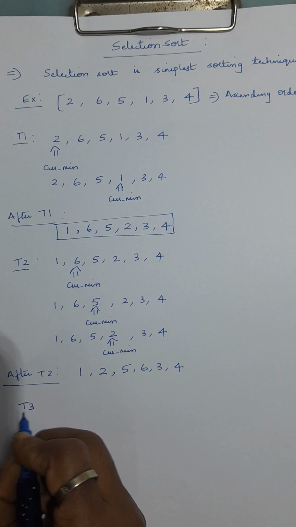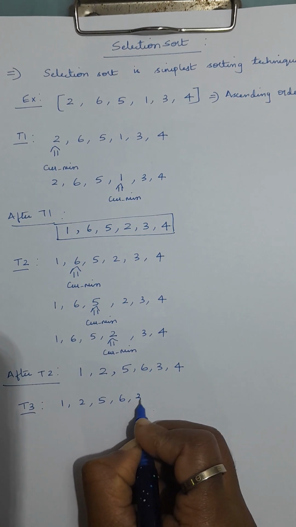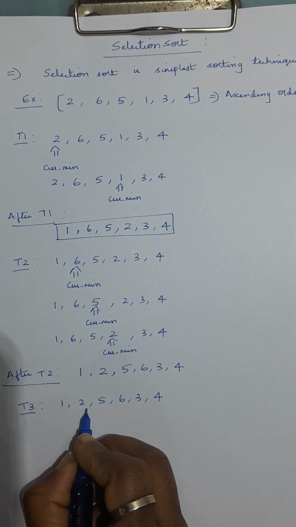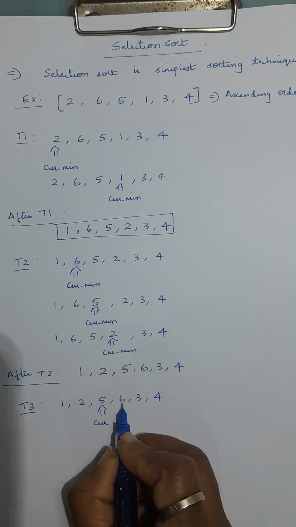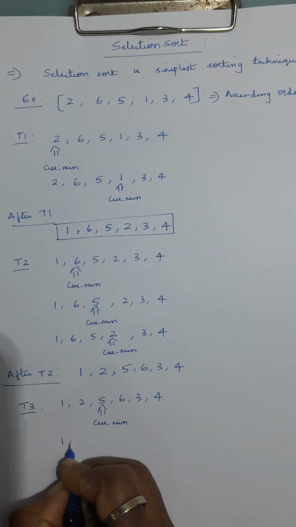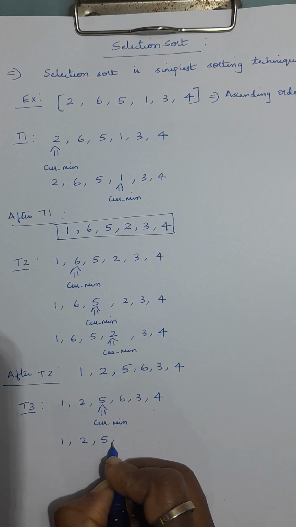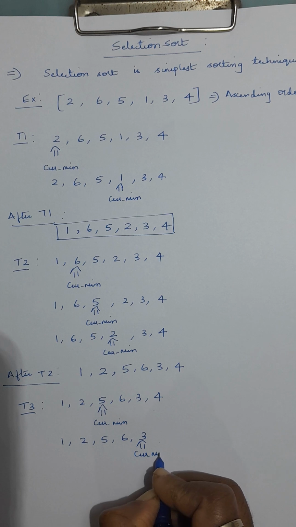Now third iteration, we have 1, 2, 5, 6, 3 and 4. 1 and 2 are already sorted. Current minimum becomes 5. Now we check if 6 is less than 5. No, nothing happens. Is 3 less than 5? Yes, of course. 3 becomes the current minimum value.